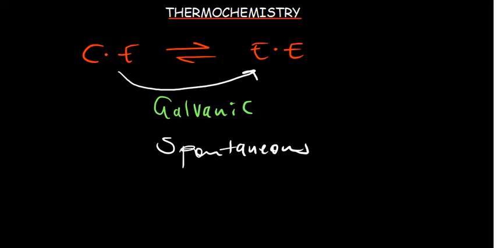So when the standard cell potential is positive, okay, what else? Gibbs free energy will be negative. So negative standard Gibbs free energy. Okay, this is good.